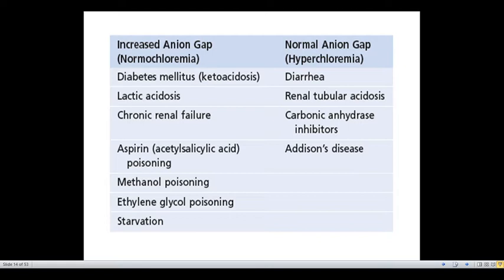While normal anion gap, that is hyperchloremia, is present in diarrhea, renal tubular acidosis, carbonic anhydrase inhibitors, and in Addison's disease.